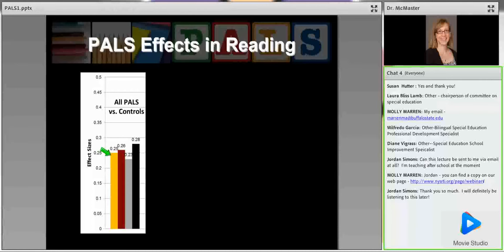And fluency was in there as well. This indicates that students who received PALS outperformed controls on that reading measure. The maroon bar is low-performing students broken out. Gray is average-performing students, and black is high-performing students. So again, it's statistically significant and, I'd say, a meaningful effect size from that more recent research as well.